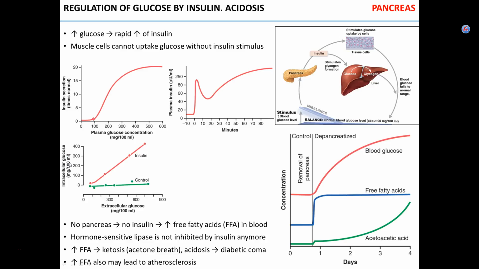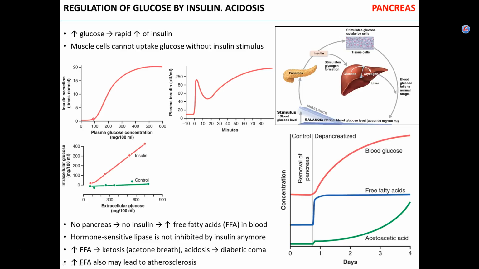What if we get rid of insulin? What if we take rats and cut out their pancreas? You see, intracellular glucose does not respond to elevating levels of extracellular glucose. So no matter how much glucose is outside of the cell, it's not going to get in if you don't have a pancreas.